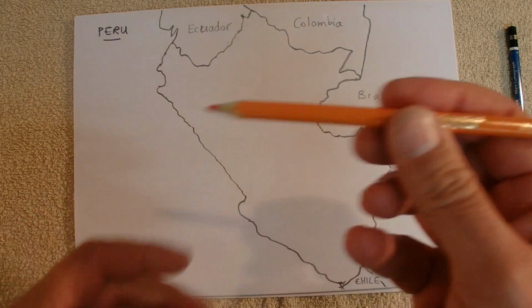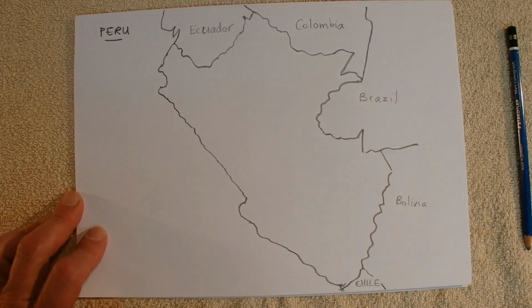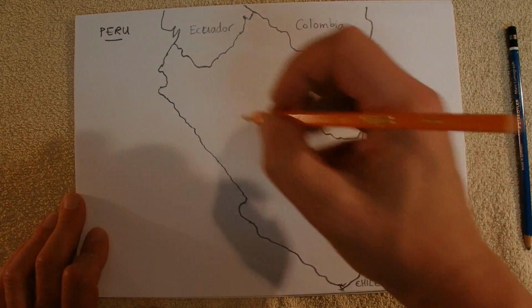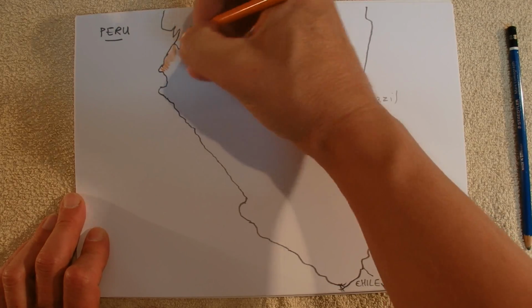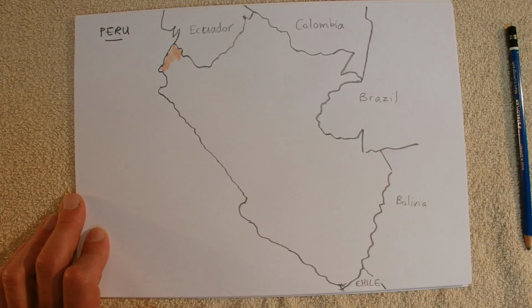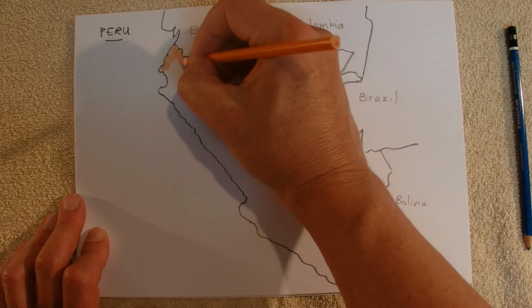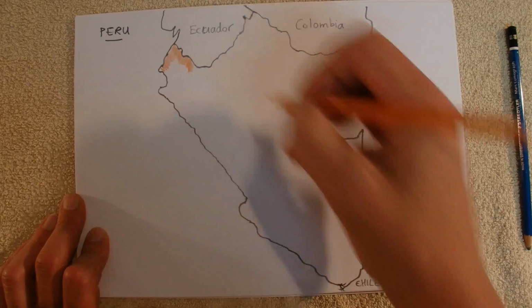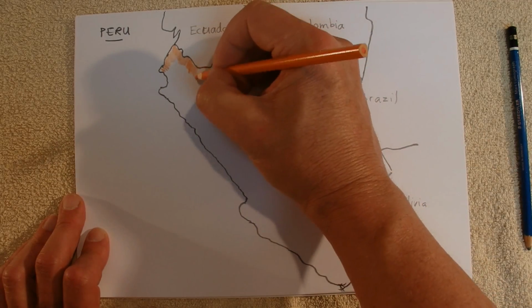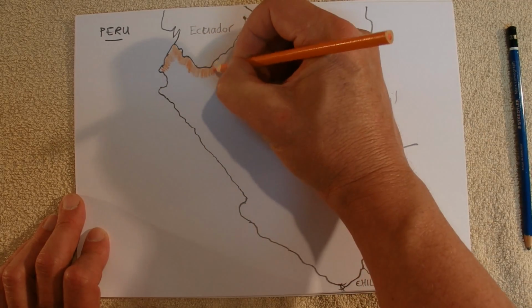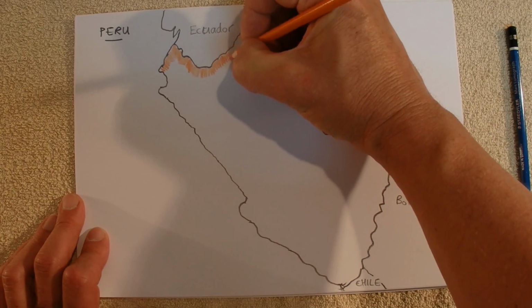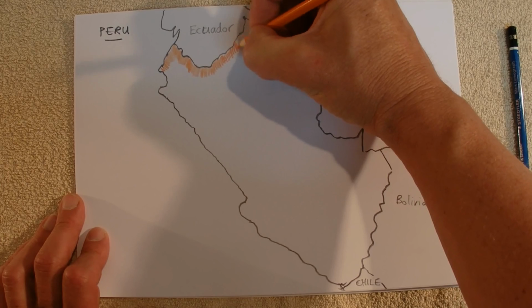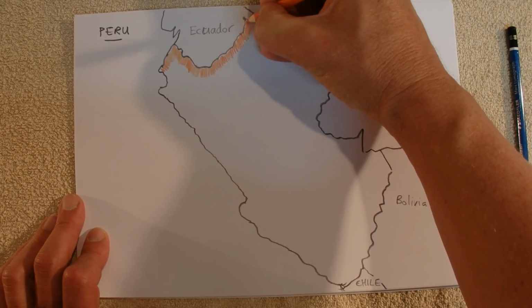So I'm going back to using orange now for the borders, so I'll start colouring in with the orange border, because I think that makes it look relatively distinctive. And you can definitely see where Peru starts and the other countries stop. Or is it Peru stops and the other country starts? And around we go.